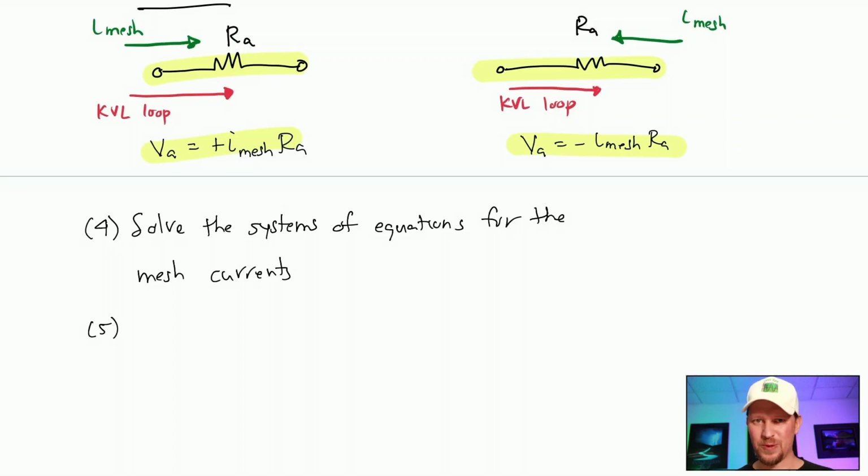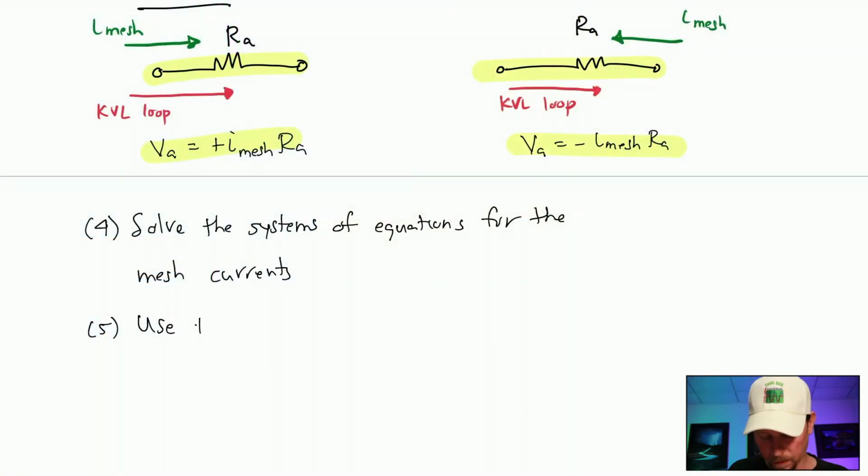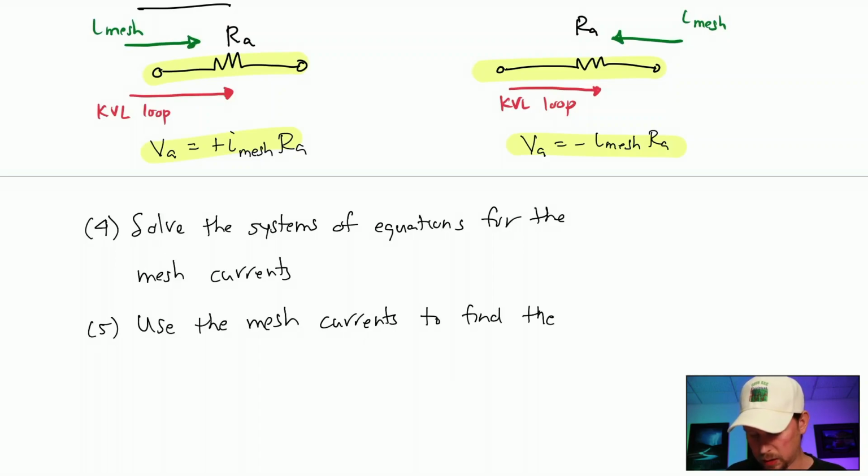So sometimes you might be interested in a power, you might be interested in a voltage, you might be interested in some other branch current, things like that. Then we'll use the mesh currents in order to find the desired electrical quantity.